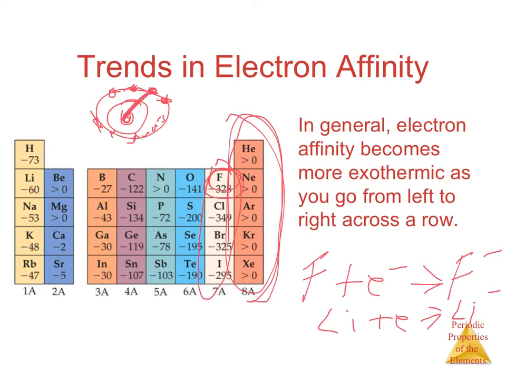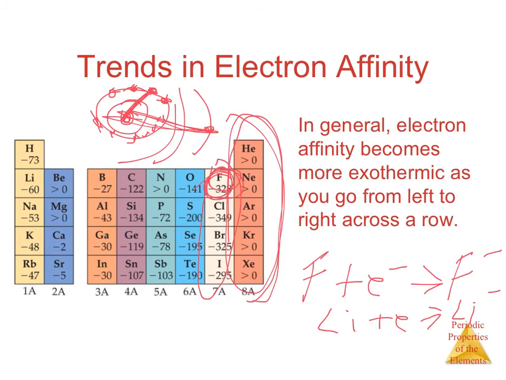If I'm adding an electron way out with iodine, more energy levels away, to complete that octet, the attraction to the nucleus is further away and therefore a little bit weaker. So fluorine is the high here.